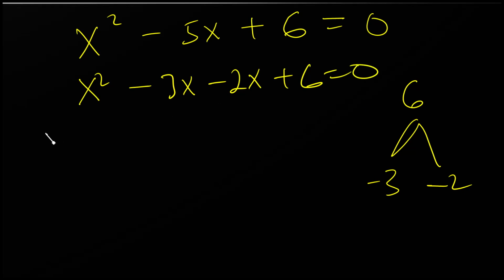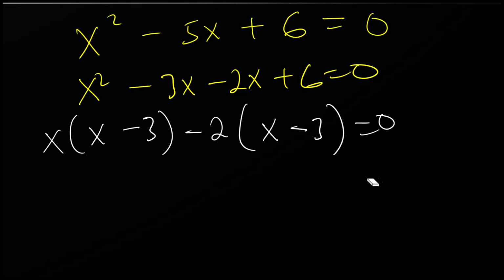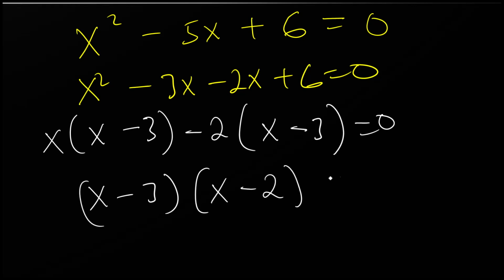Alright, let's take x out from here: x times (x minus 3), and we have minus 2 times (x minus 3). And of course, this side with x minus 3 equals 0. Okay, so we have x minus 3, then we have x minus 2 equals 0.